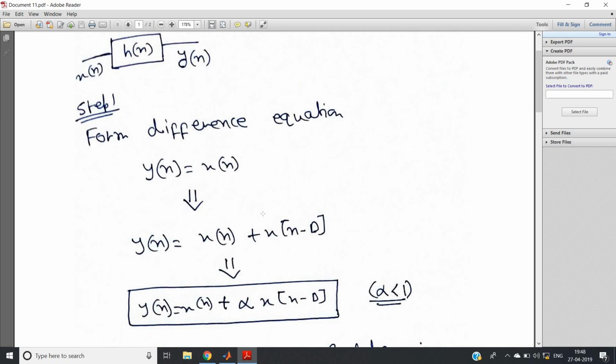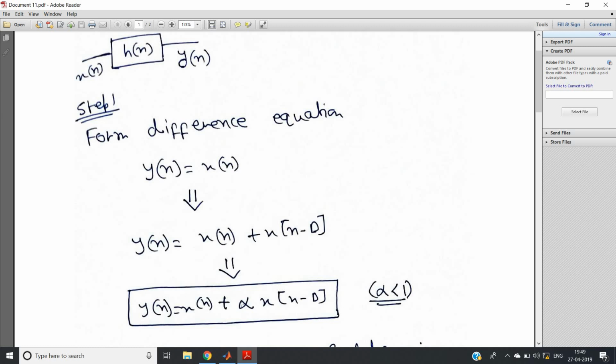Now you tell me whether you get the delayed version with the same intensity as the original signal. No, the delayed version in echo consists of lesser sound, right? That means it should be attenuated. So what we will do, we will multiply by alpha, which is a factor less than 1, that may be 0.1, 0.2, 0.3, whatever, that means in between 0 and 1, but it should be less than 1.